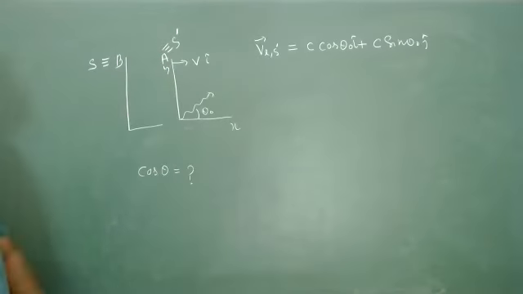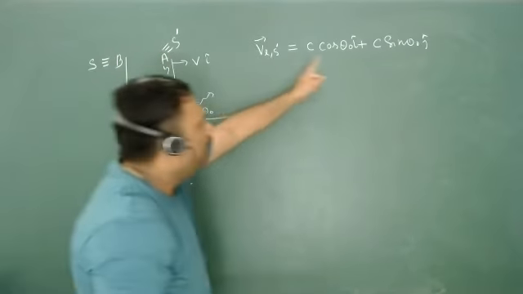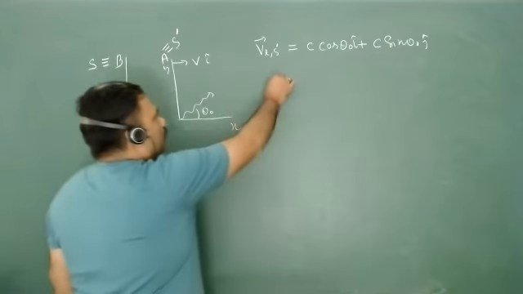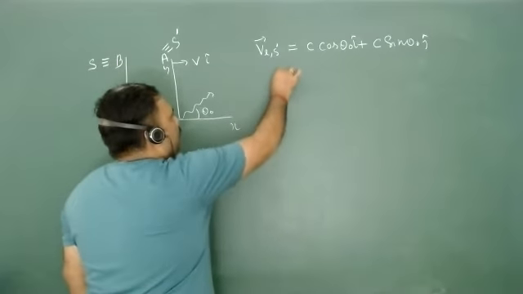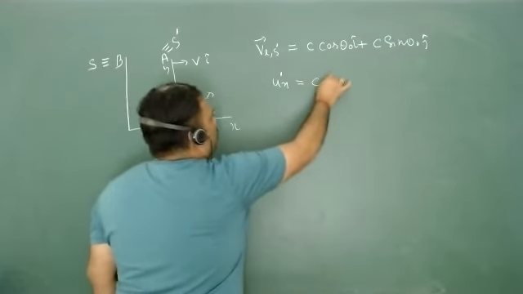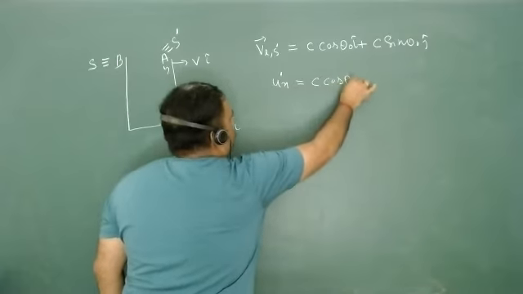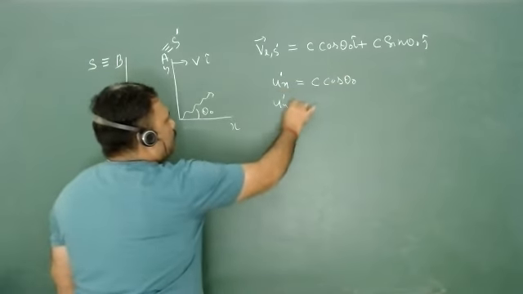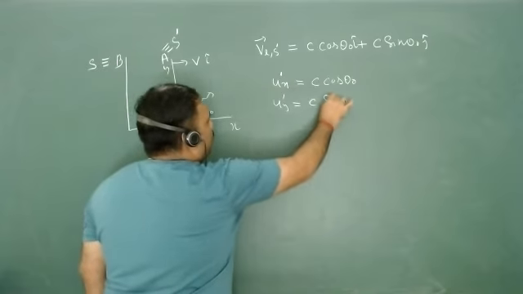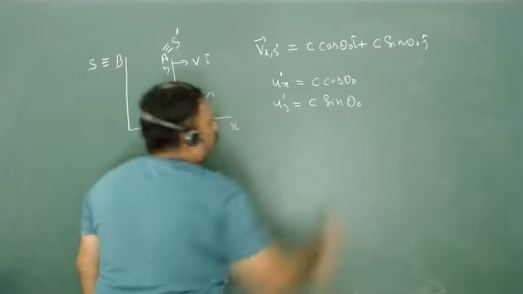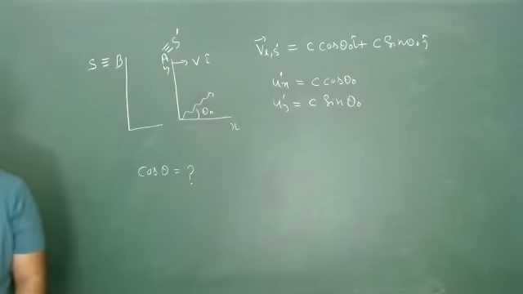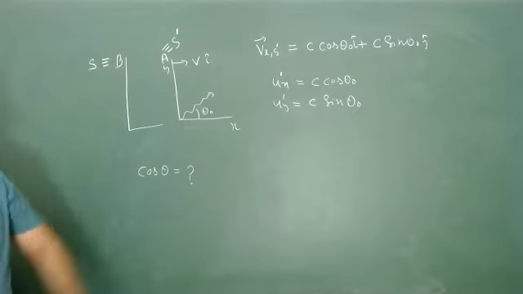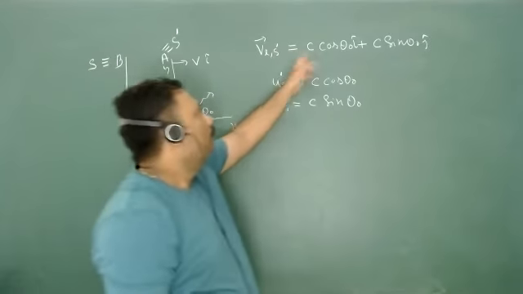Okay. This is a given quantity. So can I write this whole thing as Ux dash is equal to C cos theta naught and Uy dash is equal to C sin theta naught? Are you comfortable? Because it is given with respect to the S dash frame.